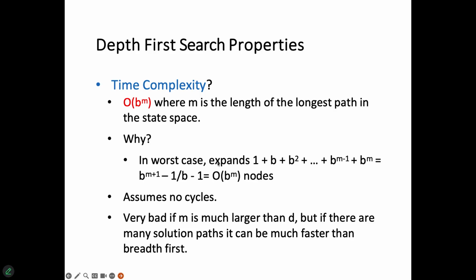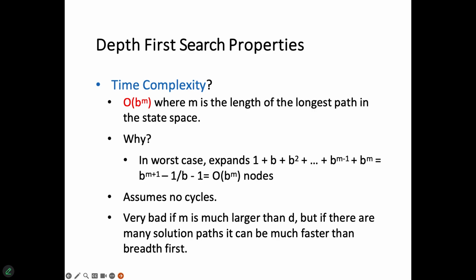So in the worst case, we are expanding O of B raised to the power of M. So it goes really bad if M is much larger than D. For example, if we have a tree with, let's say, 1,000 levels, but your solution is at level 4, it may go deep up to, for example, level 1000, while your goal is somewhere on other branches at level 4 or 5.